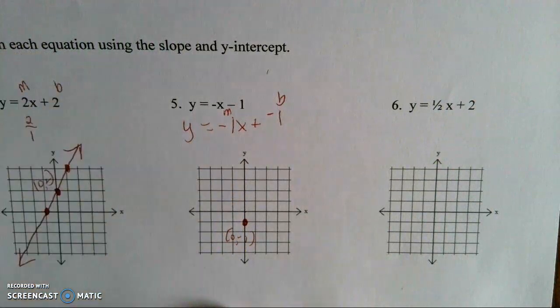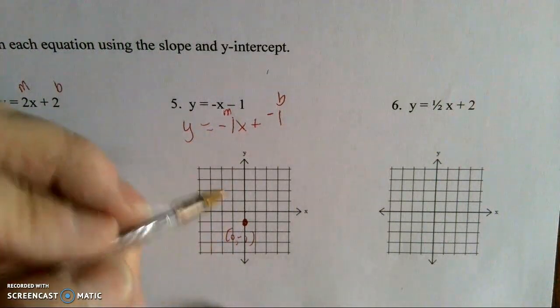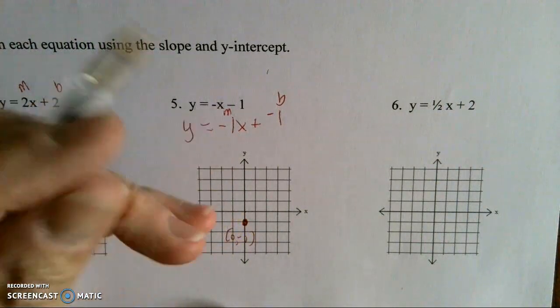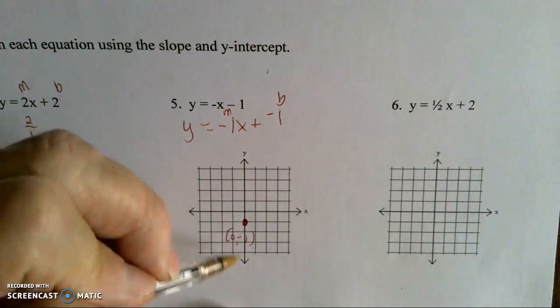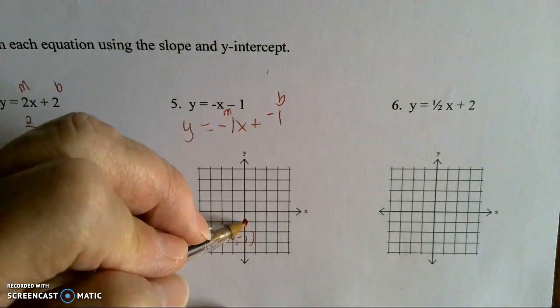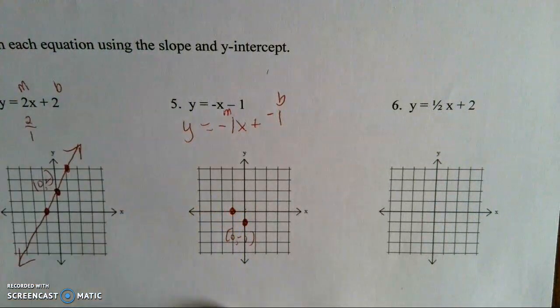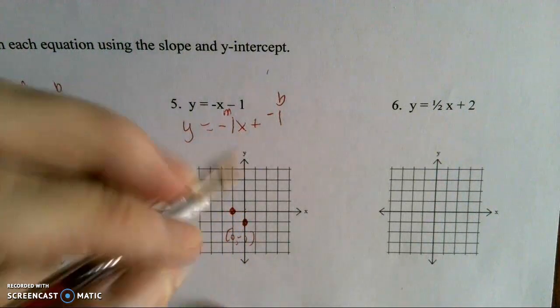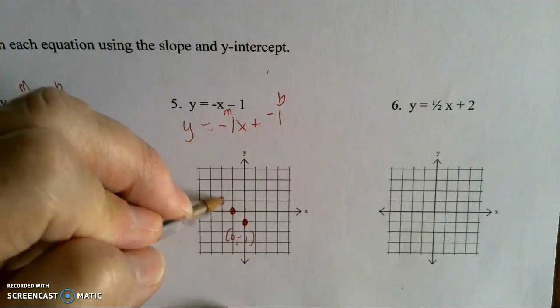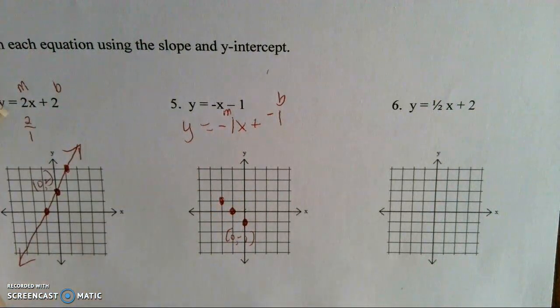Now, remember that because this has a negative slope, this line's going to go down. When I go to graph this point, remember that it is still rise over run, but I'm going to go up and to the left because my slope is going to be negative.